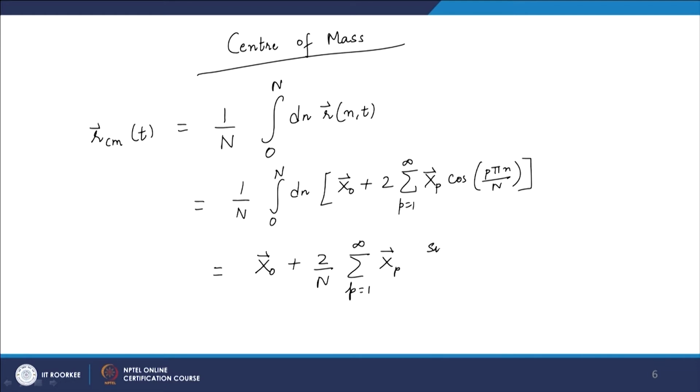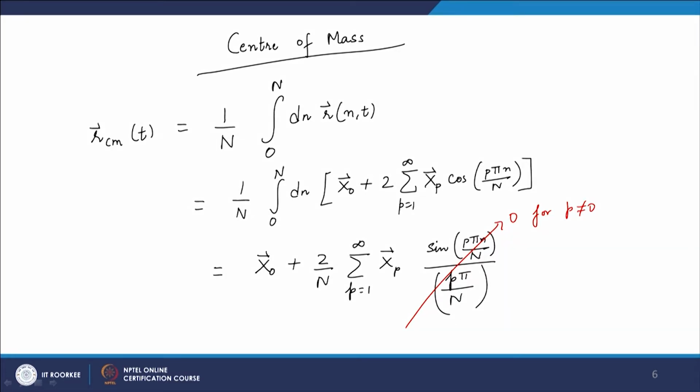The second term here gives me the integration, which is anyway going to be 0, because we have started from P not equal to 0, we start from P equal to 1. Okay.